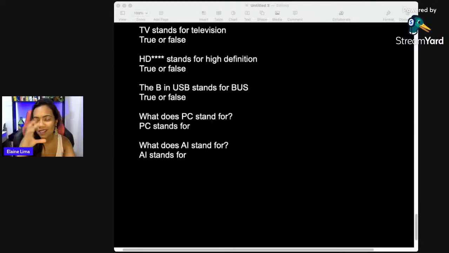So this idea of connecting things. So yes, it is a technology term, and then it's true. So USB, universal serial bus, and PC, personal computer. This is it.